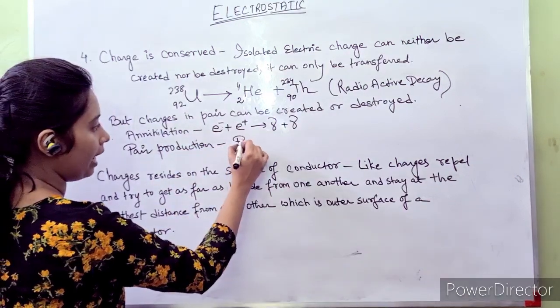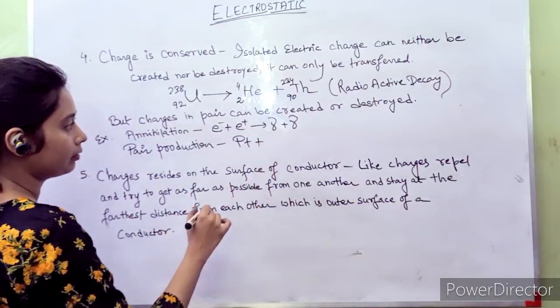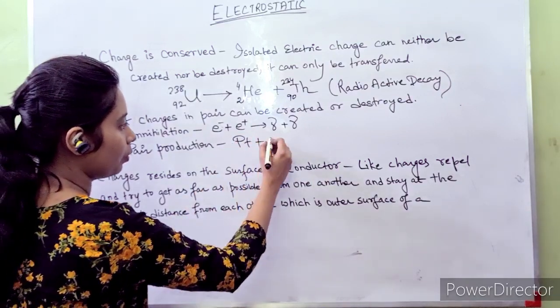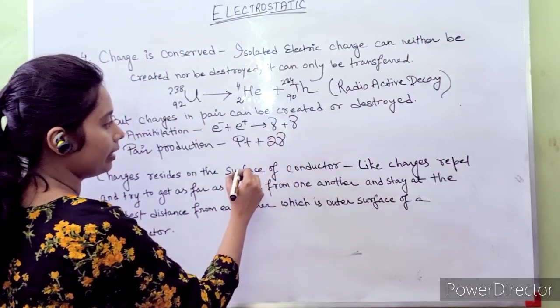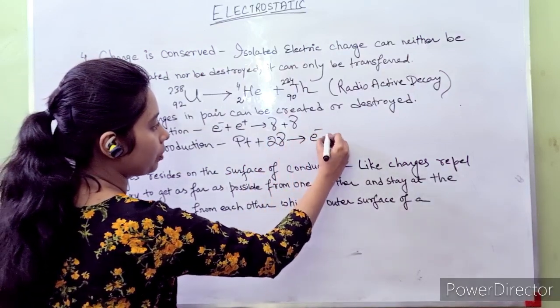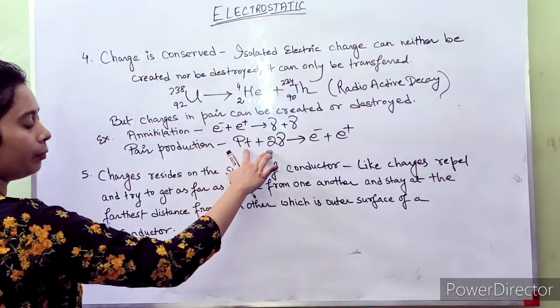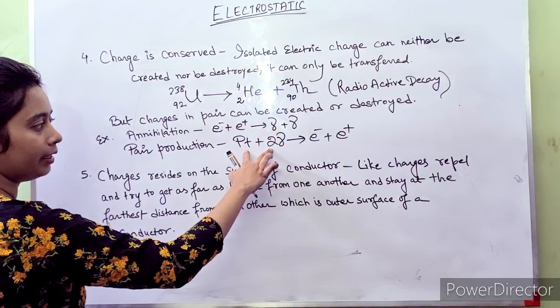In platinum, gamma rays react with two gamma rays and release one electron and one positron. Here there was no charge previously.